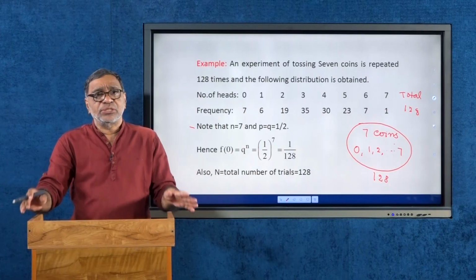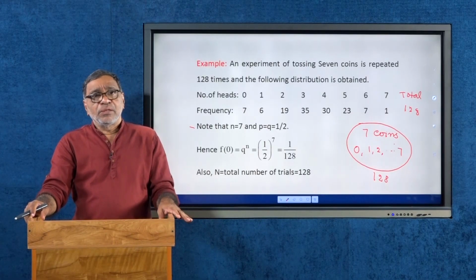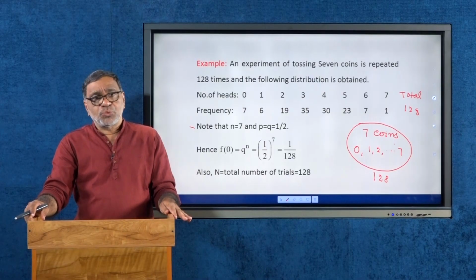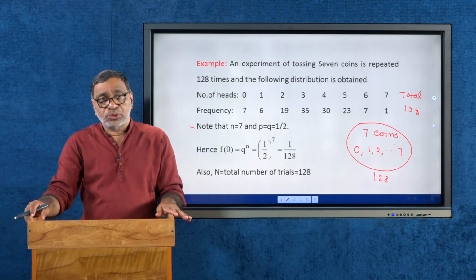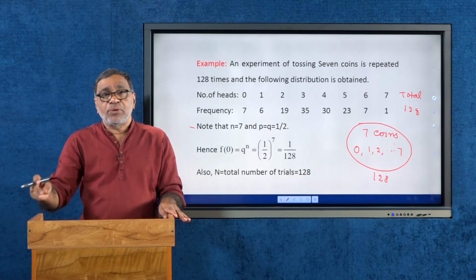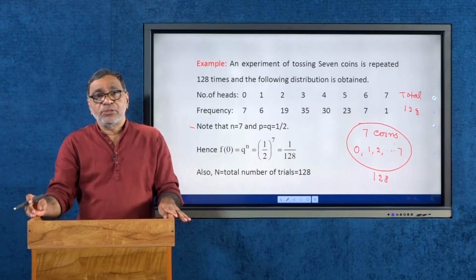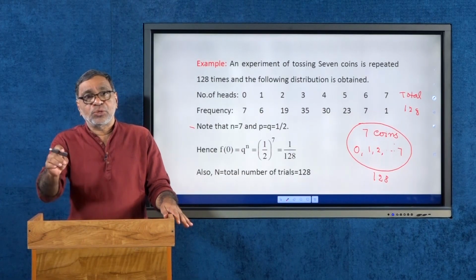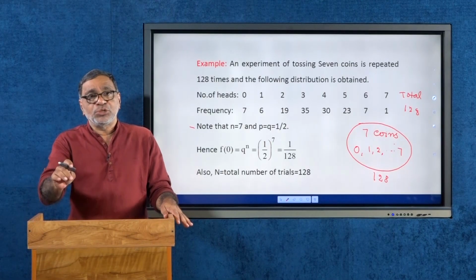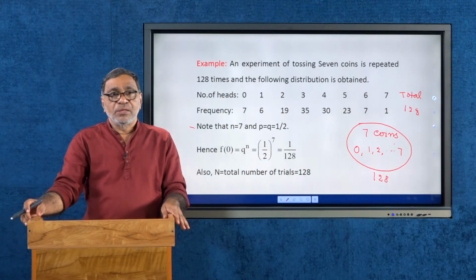You can consider this as a Bernoulli sequence, and if so, using the binomial probability mass function, you can find the probability values. On the basis of the probability values, you multiply by the total number of experiments, and you will get the expected number of experiments in which 0 heads are obtained, in which 1 head is obtained, in which 2 heads are obtained, etc.